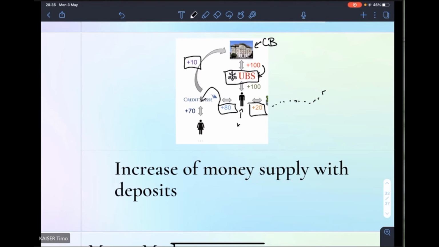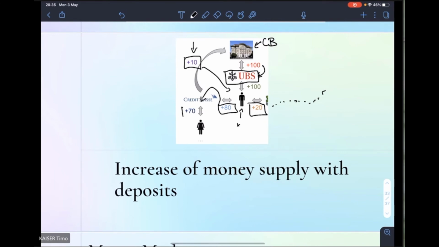It actually keeps customer X safe: if he ever wants to take all of the money out of his account, Credit Suisse has at least a part of it. Because these 10 francs won't be touched and won't leave. This is just a security so that Credit Suisse always has some money in its bank accounts to give back to the customer if he demands it.